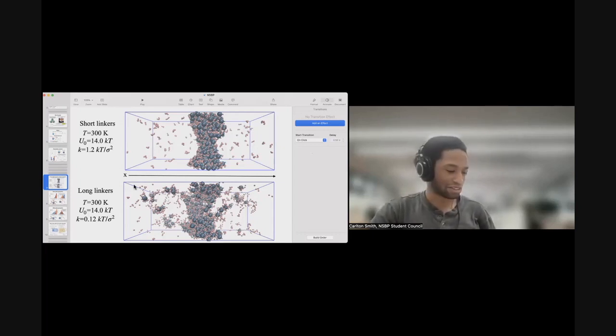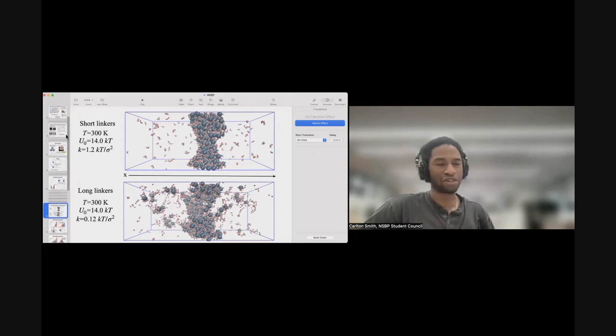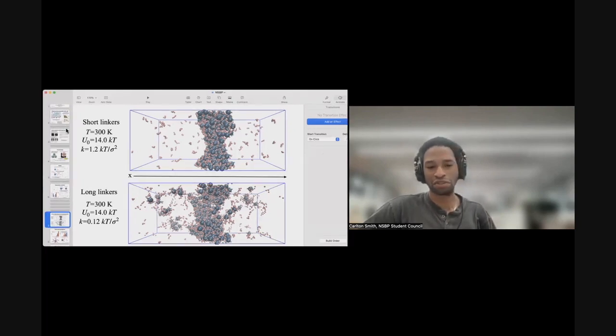Yeah. I think the other question I had was, I think you had said earlier that there's some difficulty experimentally controlling for linker length.